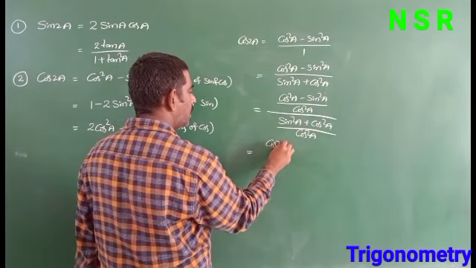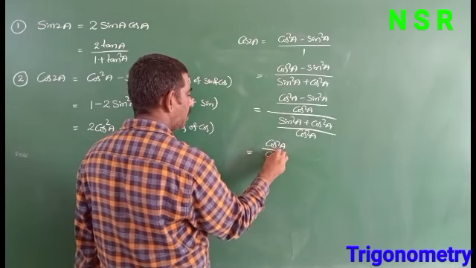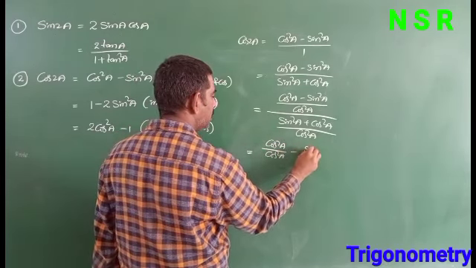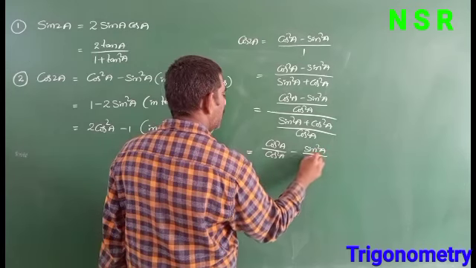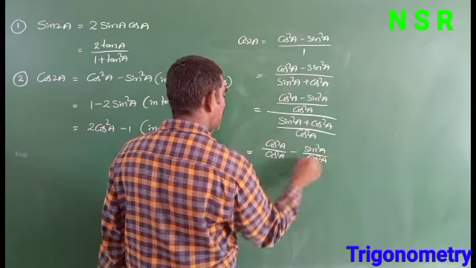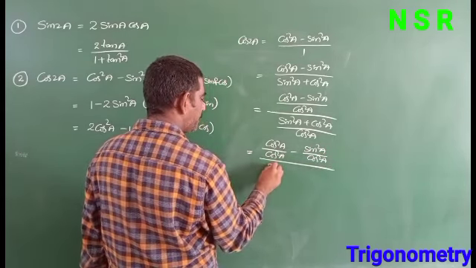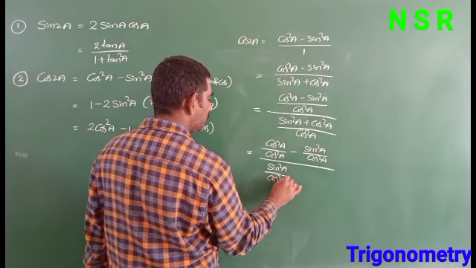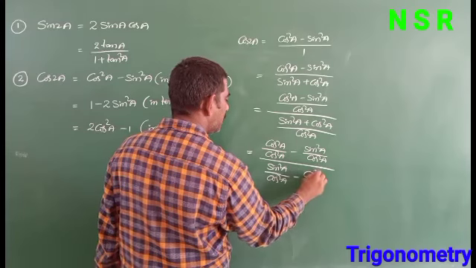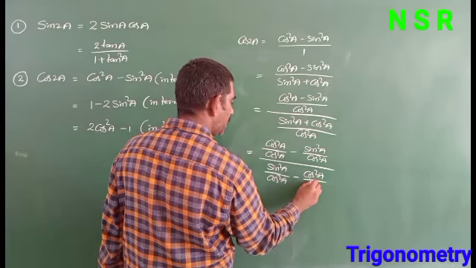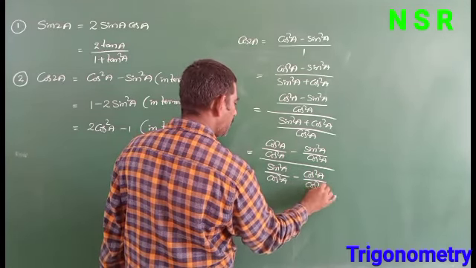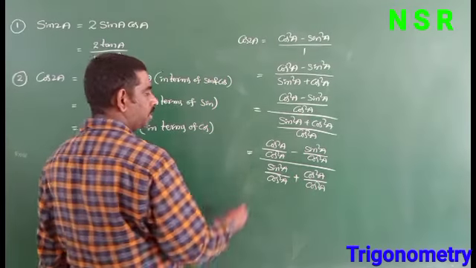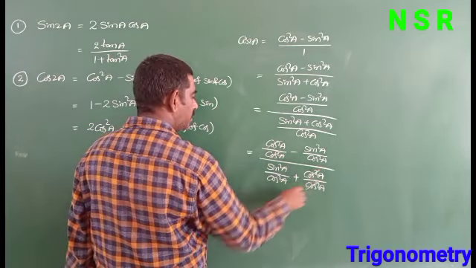So we get cos square a by cos square a minus sin square a by cos square a, by sin square a by cos square a plus cos square a by cos square a. Here cos cancels, here also it cancels.